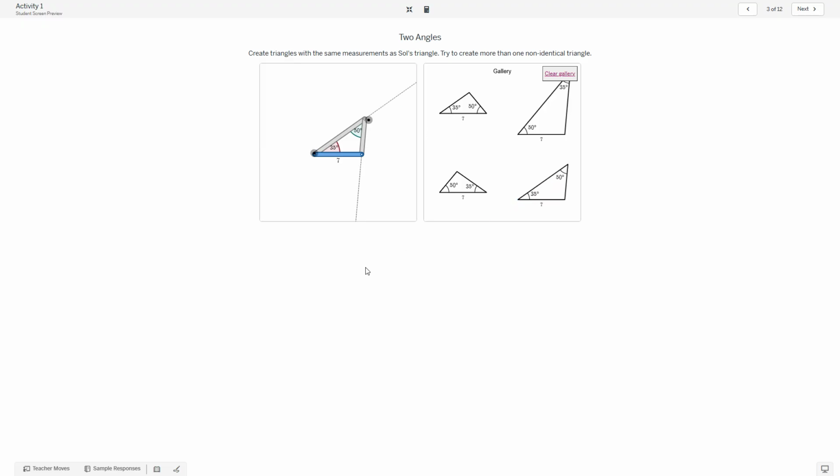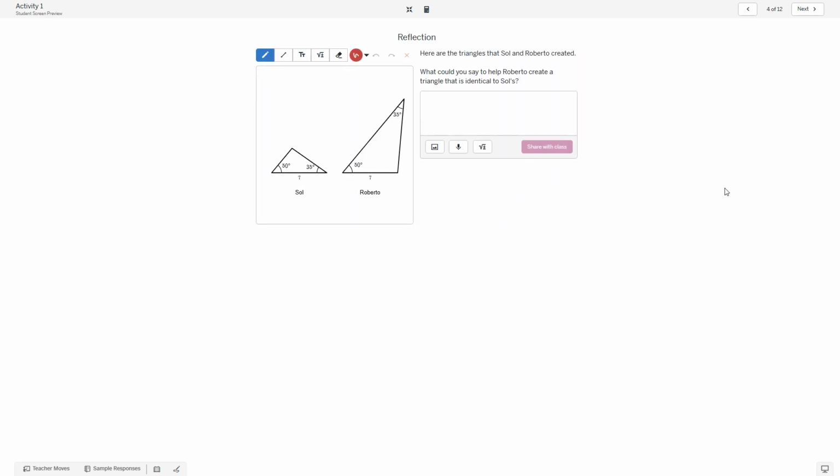Okay, and that looks very different as well. Here are the triangles that Sol and Roberto created. What could you say to help Roberto create a triangle that is identical to Sol's?